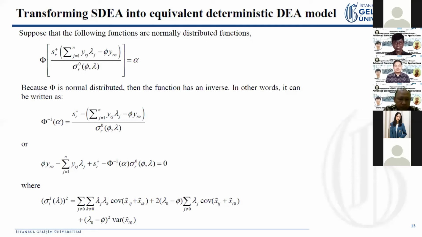I did an experiment with colleagues from Malaysia and Bangladesh, doing SDEA with the uniform distribution, because the uniform distribution is very simple, not complicated, and easier than the normal distribution.